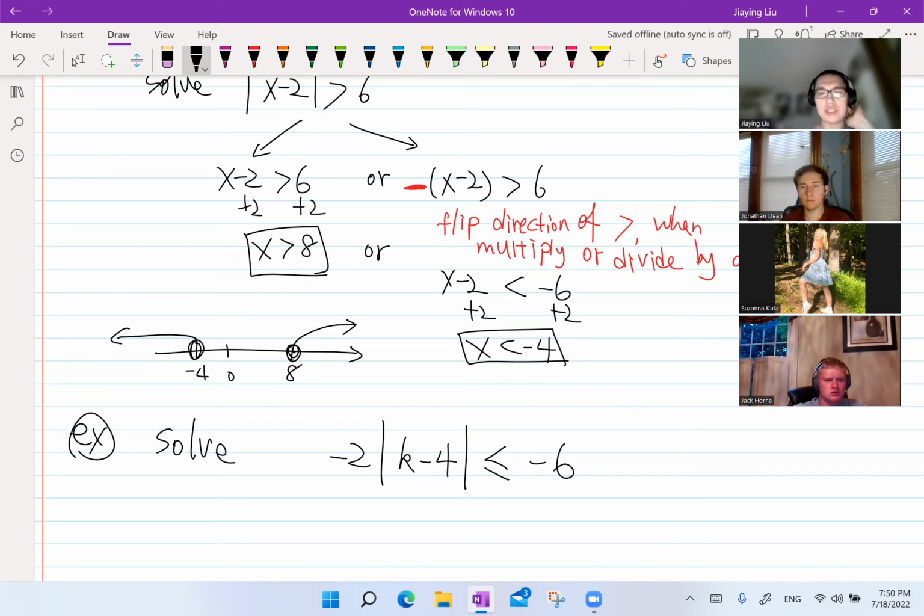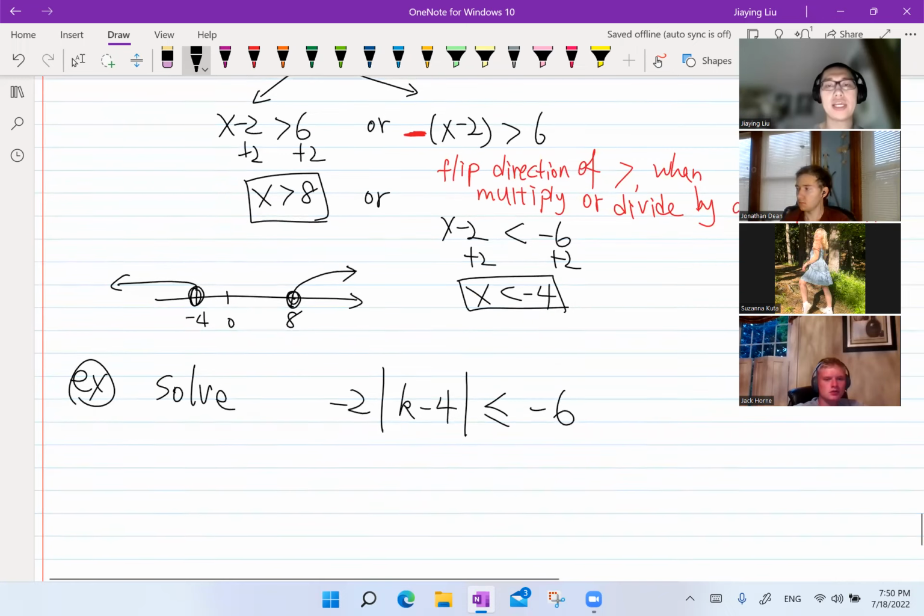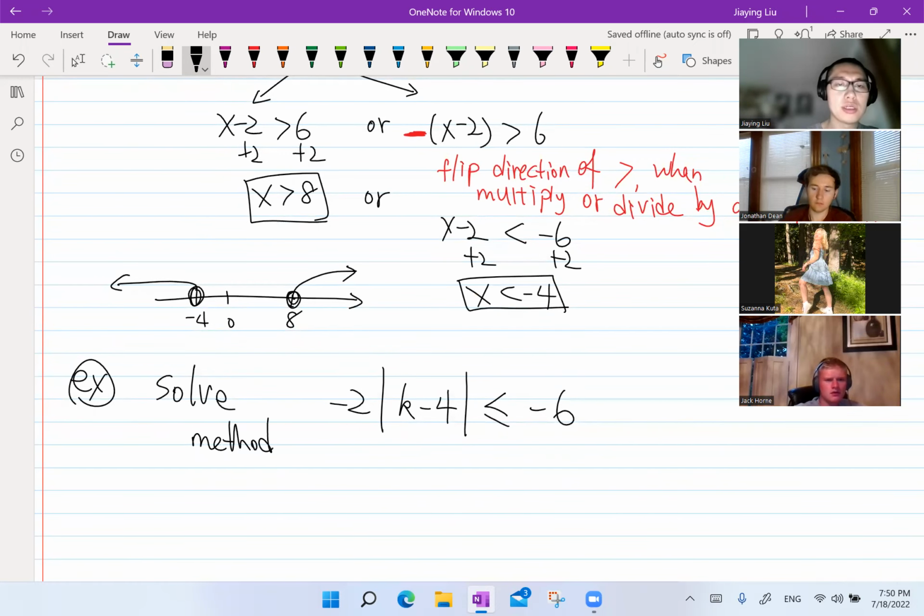Okay, so what do we do with this? Well, there's 2 things. One is that we can directly write down 2 equations from here. One is with the part exactly what it looks like with the absolute value. So I'm going to show you the first method. Method 1: write 2 inequalities.